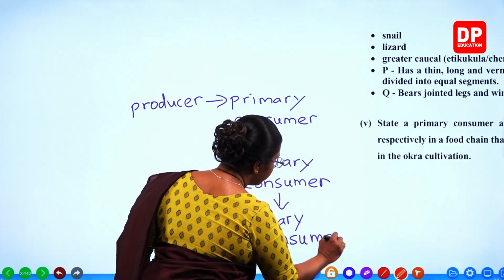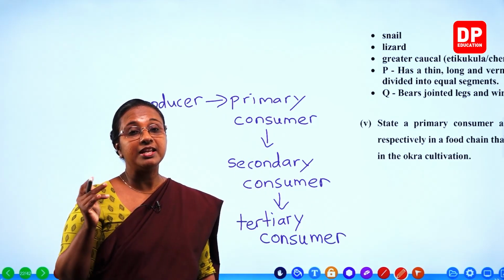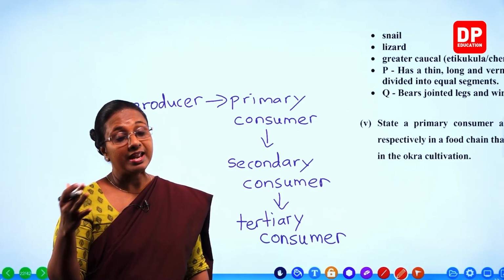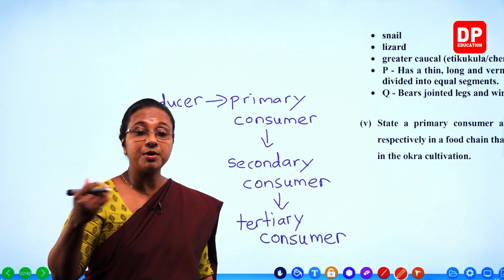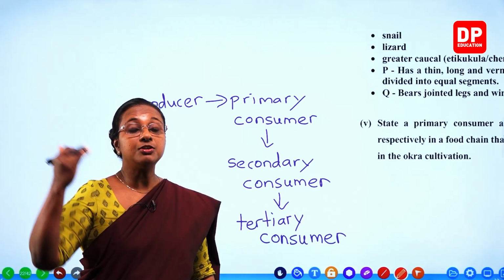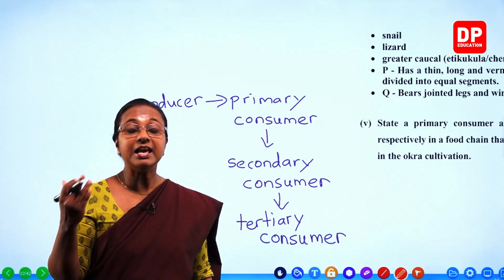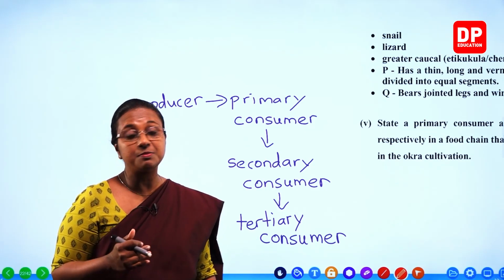And usually, you all know a food chain with 3 to 4 links is a very efficient food chain. You can even have 5, but as the number of links increases, the energy obtained by the higher trophic level decreases. So, because of that, it is not very efficient. You all know about energy dissipation.